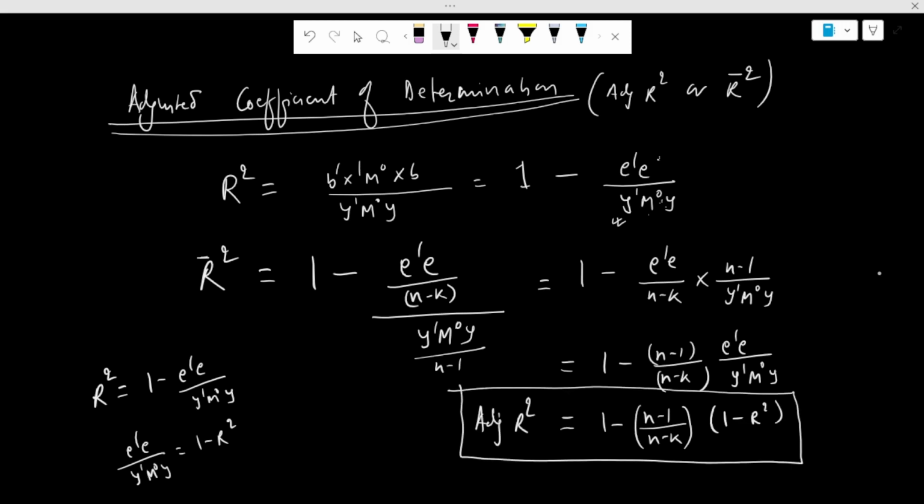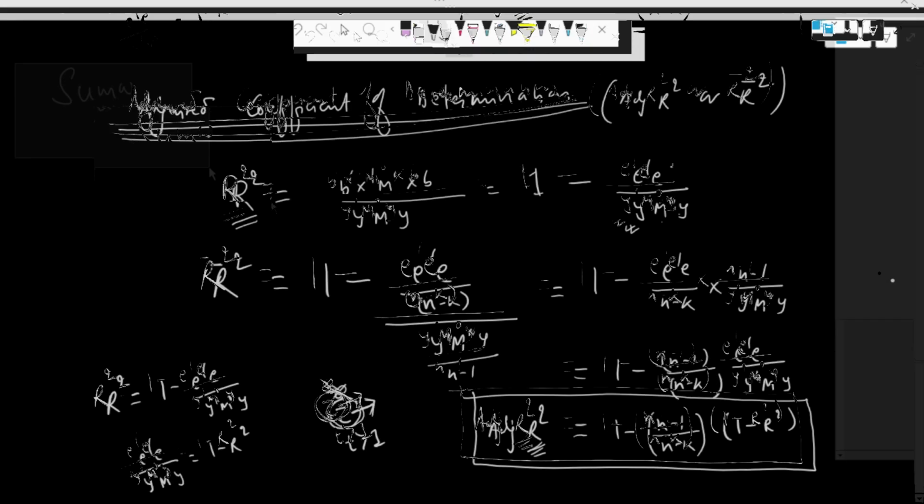So the coefficient of determination R square will always increase if we add an additional variable, but adjusted R square may not necessarily increase when we add an additional variable to the model. It depends on the t-score. Let's say if the t-score of a variable z is greater than 1, and if we delete the variable whose t-score is greater than 1 from the model, then adjusted R square will decrease.